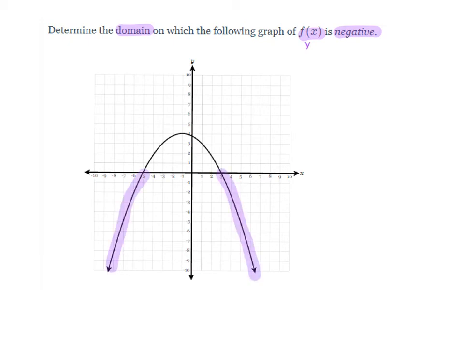So when are the y values negative? I highlighted it in purple. It starts at negative infinity and it stops at the -5. And we're using parentheses because, again, at that -5, it's not really negative, it's at that 0. And that's neither positive nor negative. And then it starts again at 3 and continues until infinity.